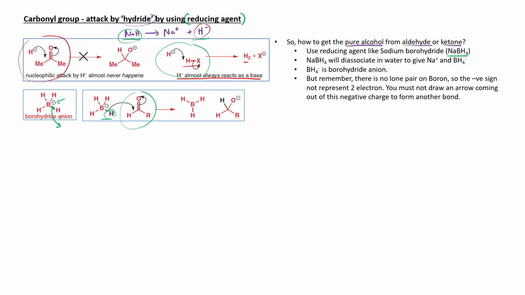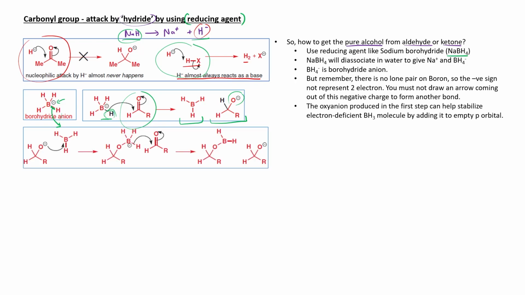So what will happen then? When the hydride attaches to this, for sure you make a bond, and some bond must be broken in order to fulfill the octet rule. This we have learned before. It will create this oxy anion, and also this intermediate.